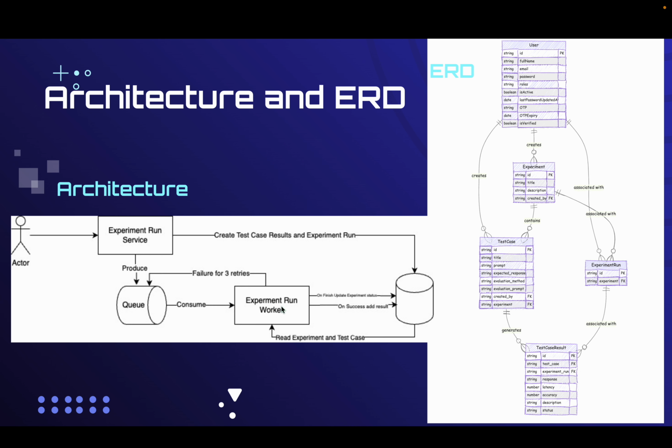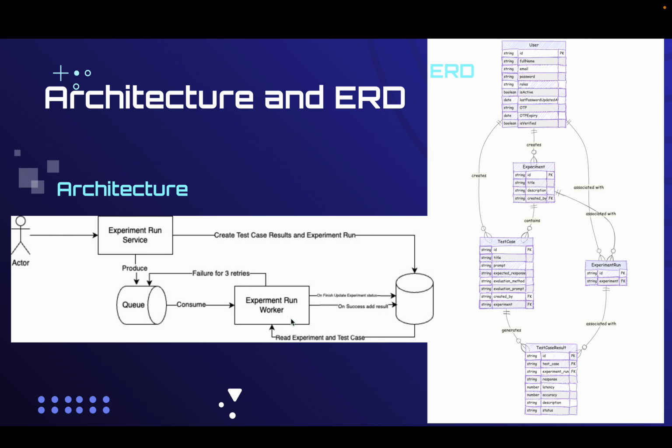After that, our experiment run worker is going to pull from the queue and read. It's going to try to run the test case, evaluate it, and save to the database, right? If for any reason, for example the API calls fail, it's going to retry 3 times. That's what we see here as an arrow.